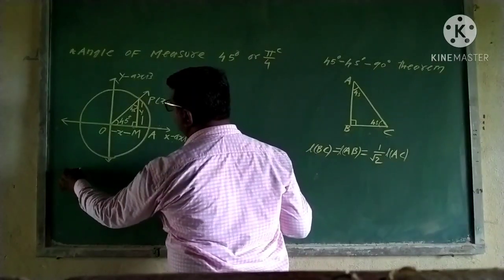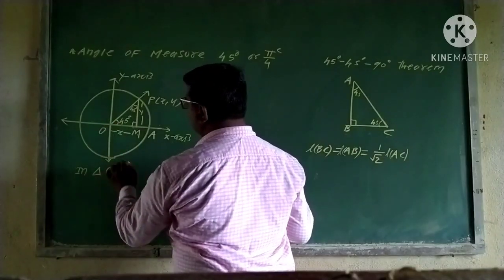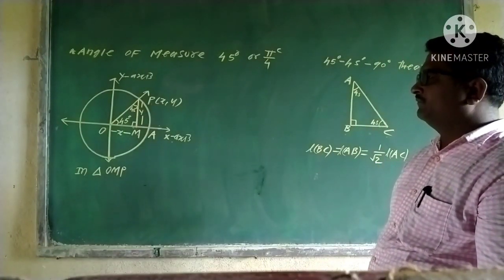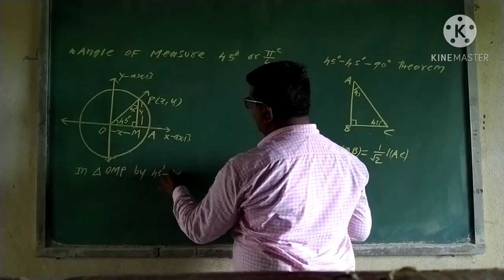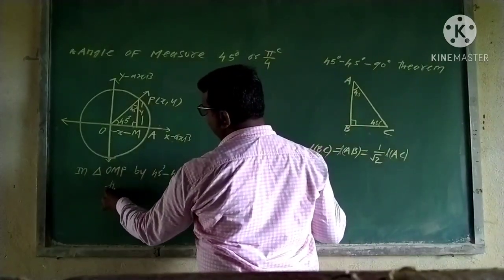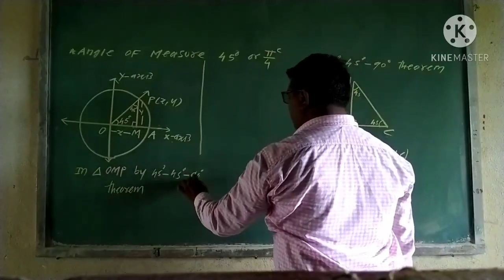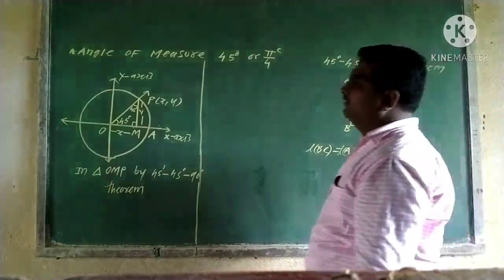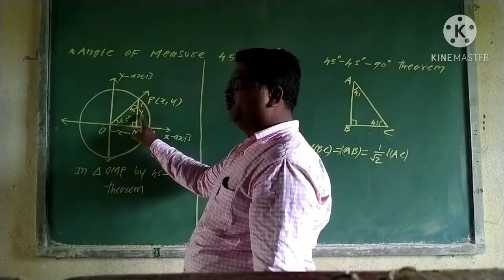Now in triangle OMP, by the 45-45-90 theorem, for the angle of measure 45, the opposite side is equal to y.